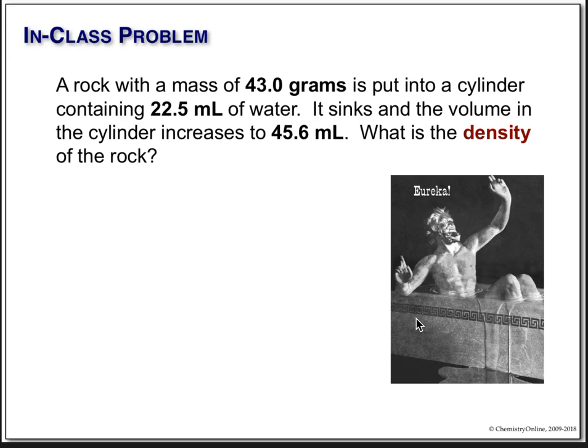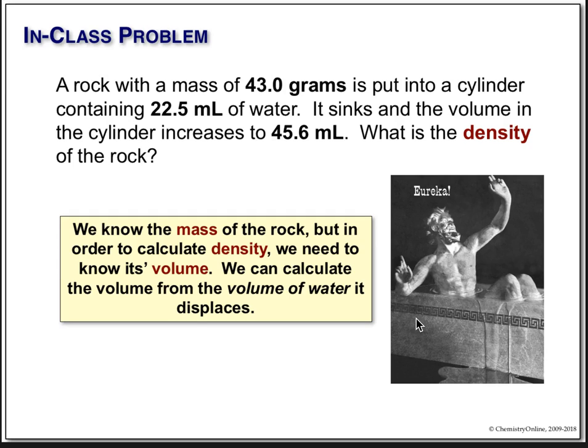The king was skeptical that they had taken gold and silver and mixed them together. So he wanted to know if it was truly gold, and he asked Archimedes to figure it out. Well, you don't really want to take the king's crown and melt it into a cube, do you? So the story is that one day he was taking a bath, and as he stepped into the bathtub, it ran over. And he said, Eureka, I got it.